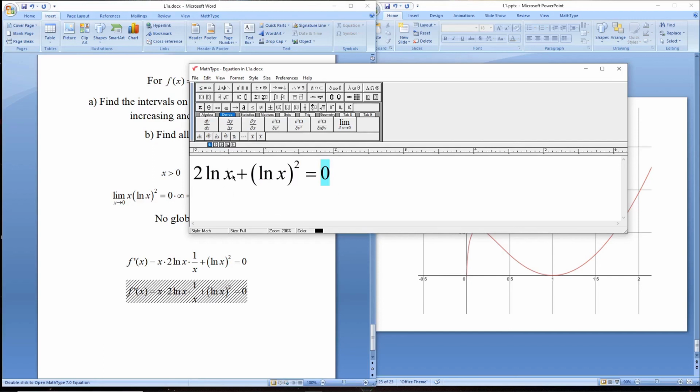You want to avoid that unless you're really certain you know what you're doing. So what we're going to do here is we're going to factor out the log x. We're not going to divide it away. We're just going to factor it out. Like that.